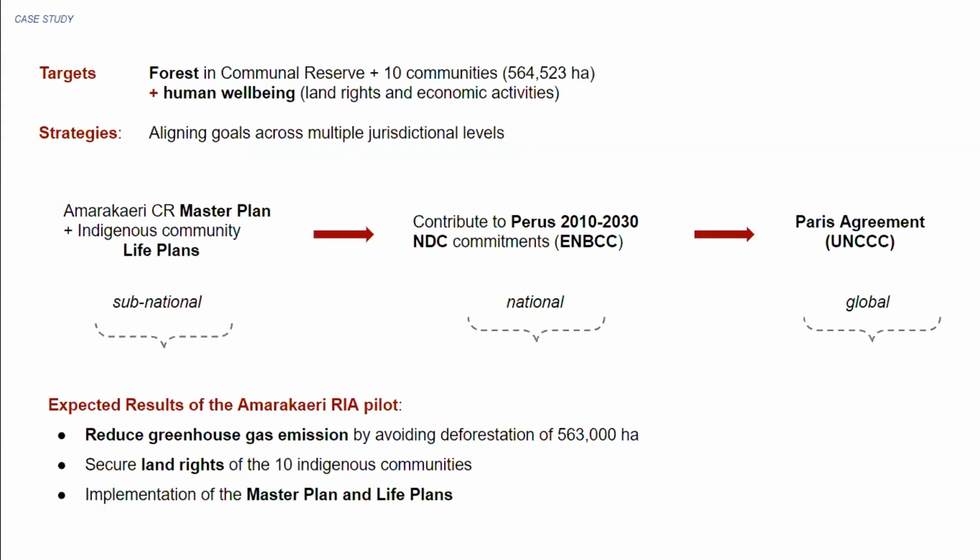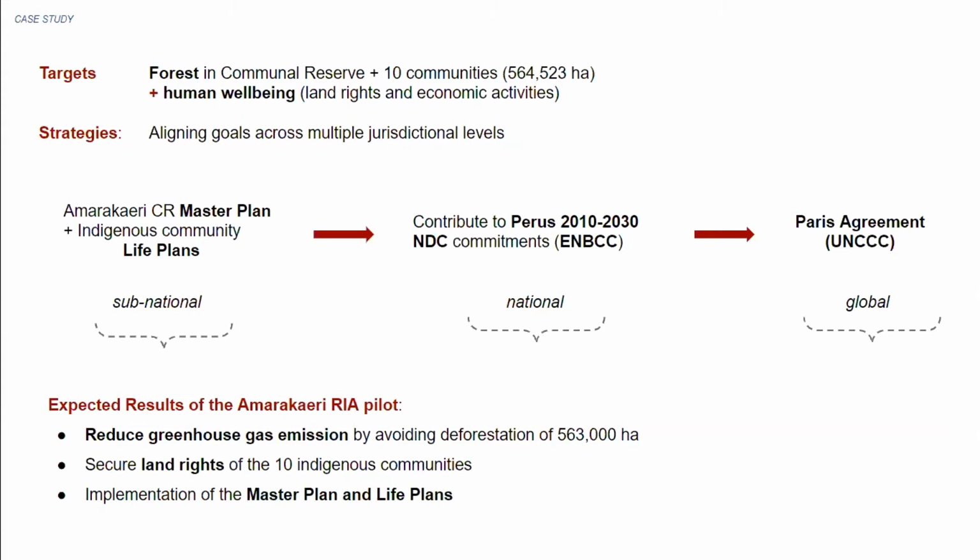So what they have done is that they have aligned what is in the master plan of the protected area with the 10 life plans of each community. And a life plan is like a document that says more or less what they are supposed to do and how they do it. It's like a master plan for a community. And all that is aligned with these conservation agreements. So the conservation agreements put together the master plan with the life plans and tie everything together.